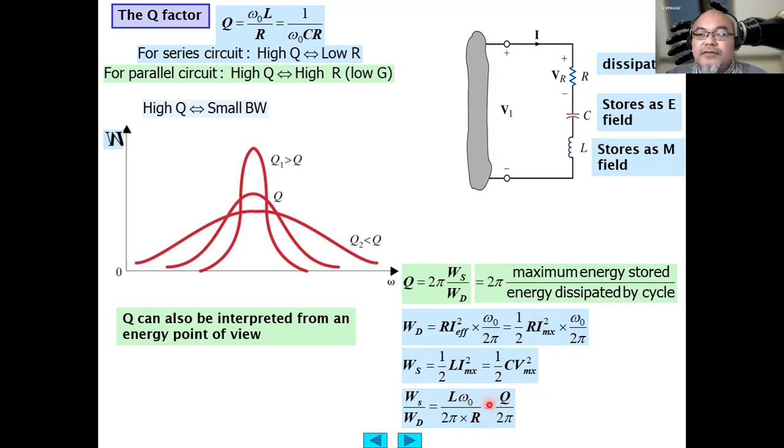This can also be expressed as quality divided by 2 times pi.